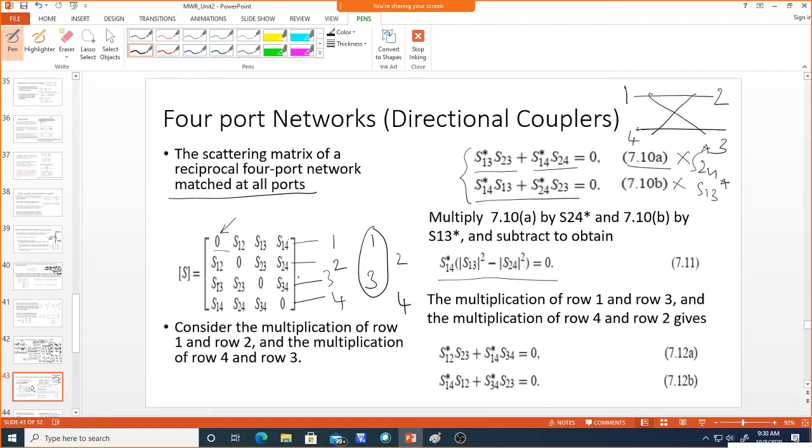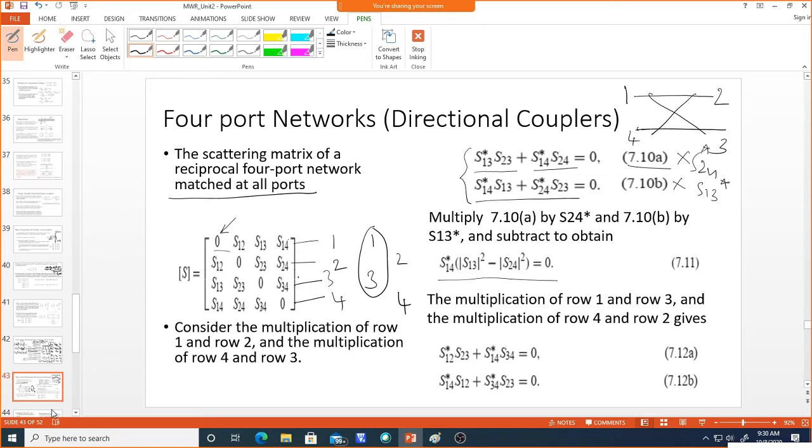The first term will go 0, and you get S12 star into S23 plus S14 star into S34, which will become 0. Similarly, if you multiply 2 and 4, the second and fourth terms will go 0. You will get S14 star into S12 plus S34 star into S23. So this you will get.